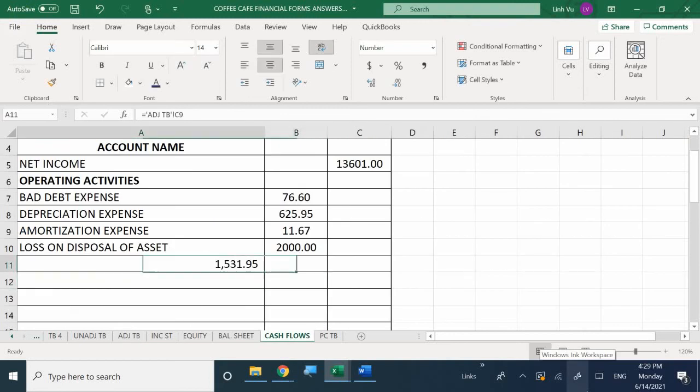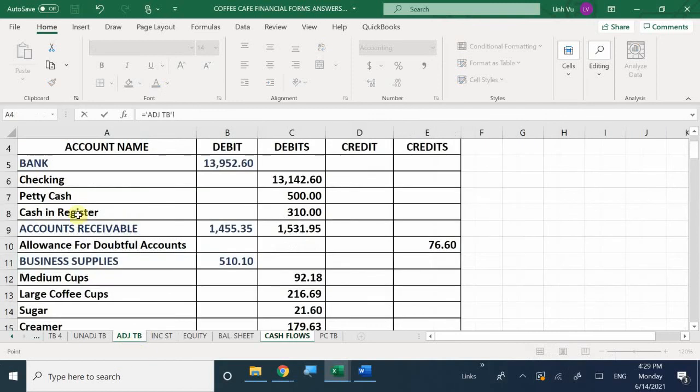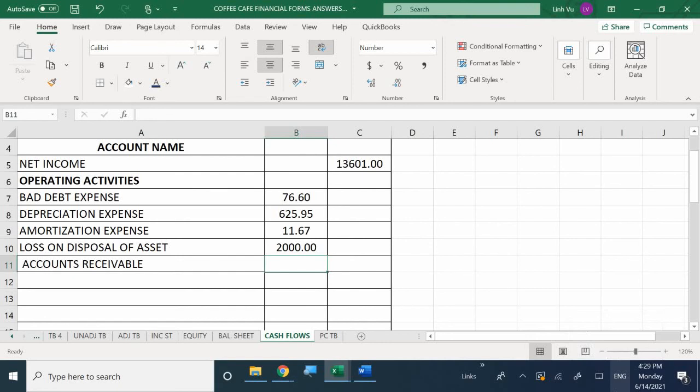I'm going to click on this account. There you go, accounts receivable. Because we're looking at cash flows, if we never received the money in the first place, this is the money that my customers owe me.